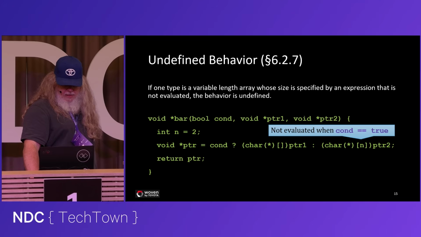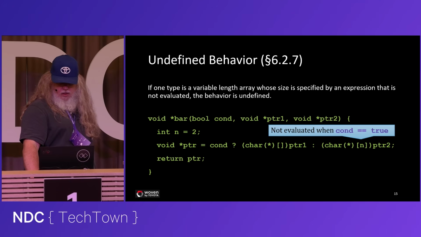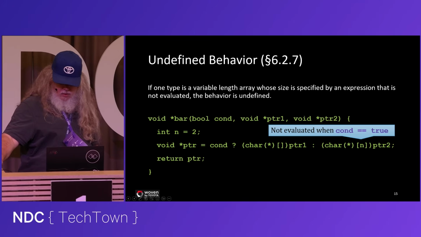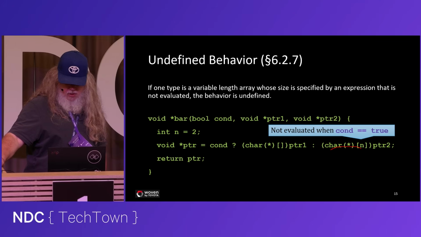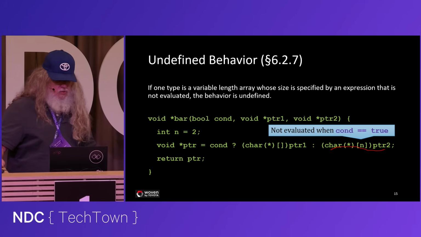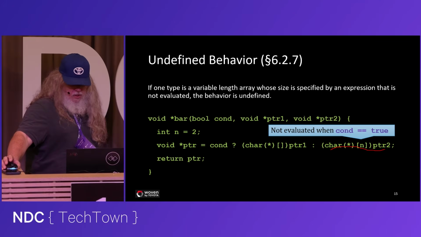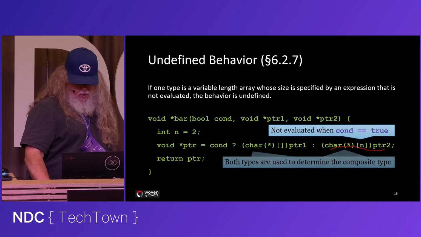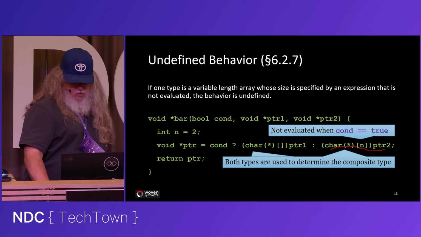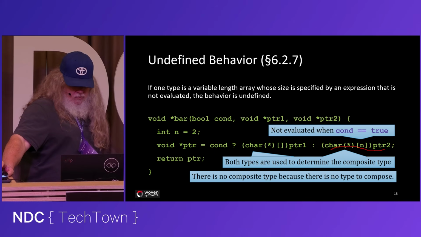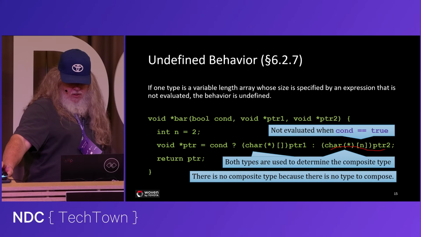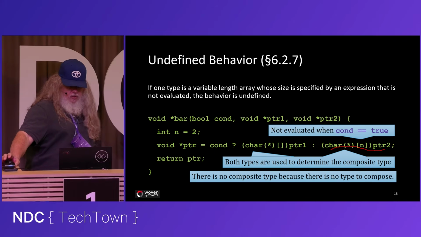And so based on the condition, if the condition's true here, this, let me get my marker, this expression is not evaluated. So this sets up for an undefined behavior. So both types here are used to determine the composite type, but really there is no composite type because there is no type here to compose.